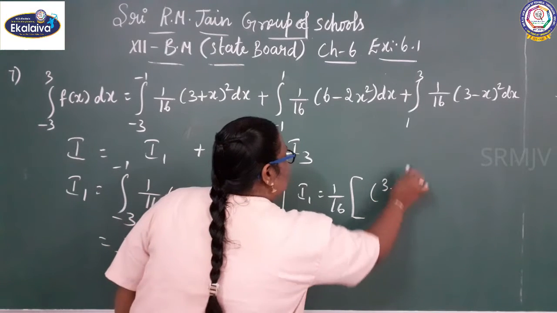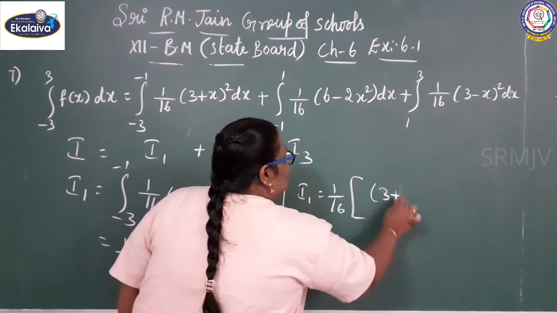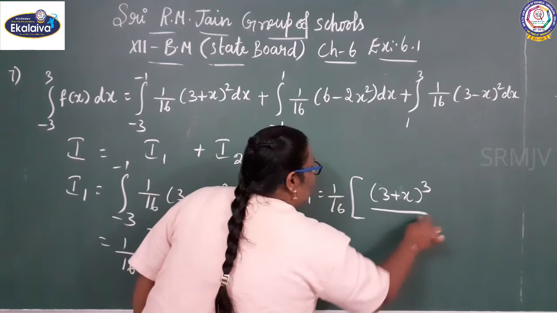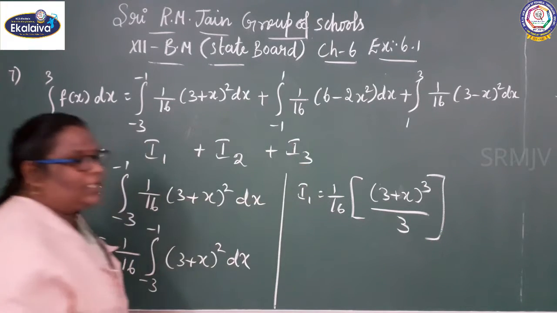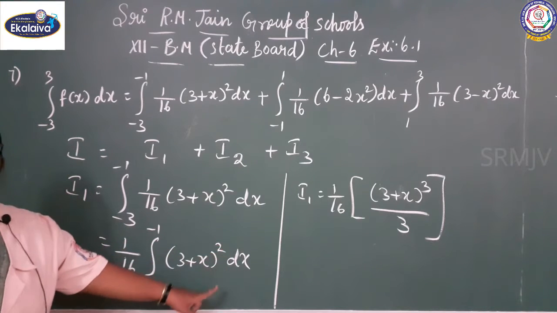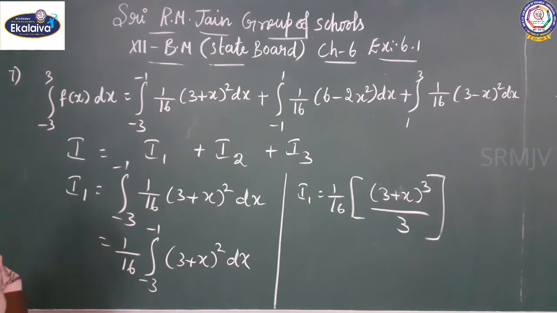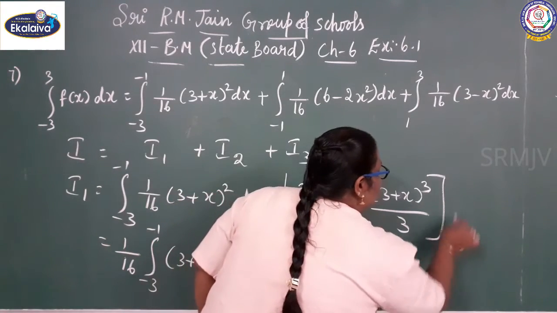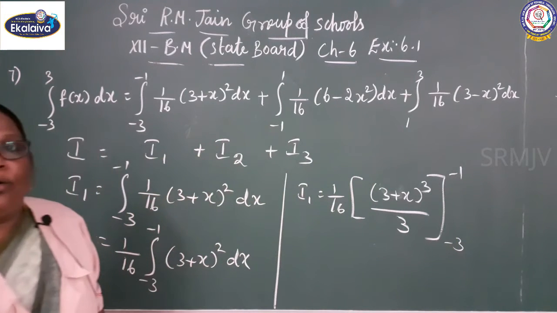So, 3 plus x the whole cube by 3. What is the limit? Minus 3 to minus 1.